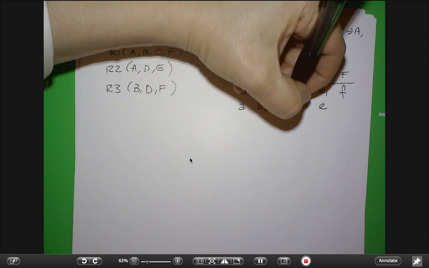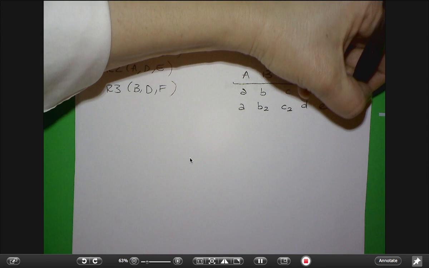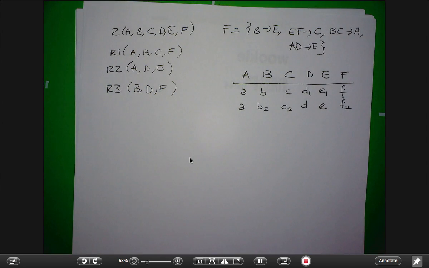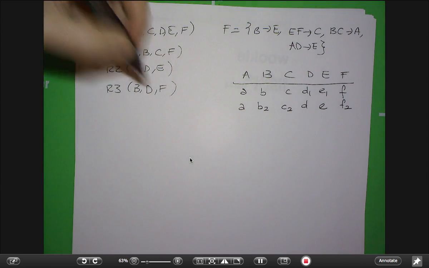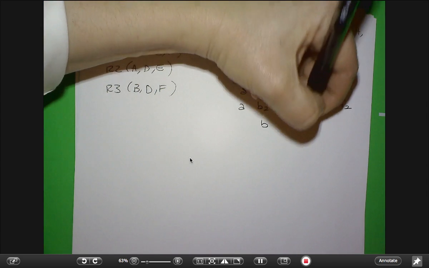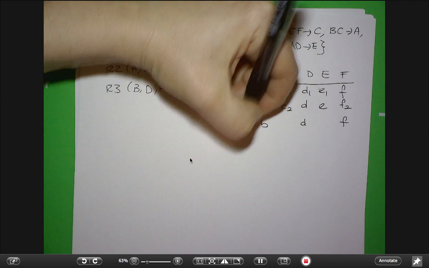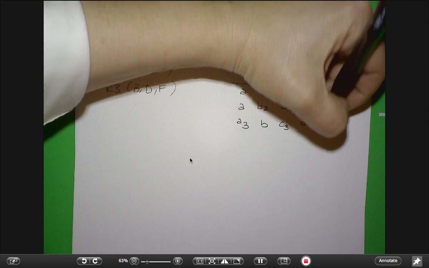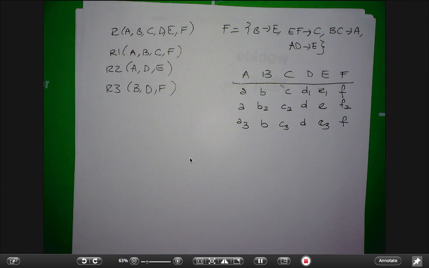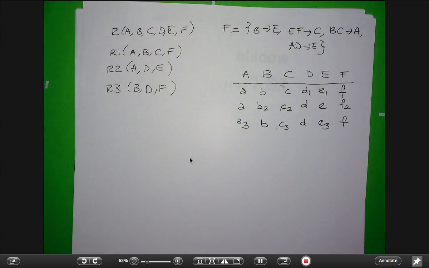So I'm going to use subscripts. And for R3, B, D, and F are known. B, D, and F. So this is unknown, this is unknown, this is unknown. Okay? Making sure that I keep using a different subscript, right? Because this unknown is different than this unknown.